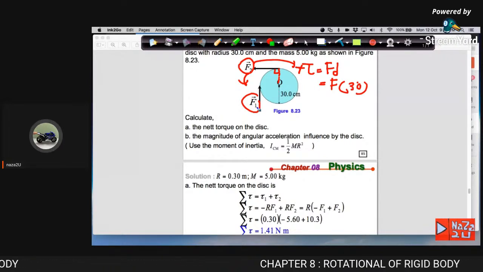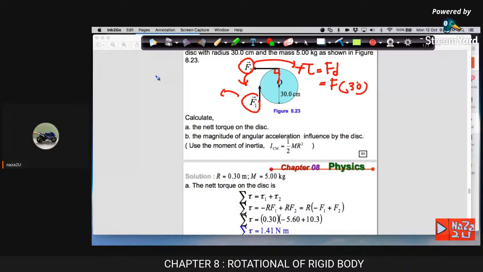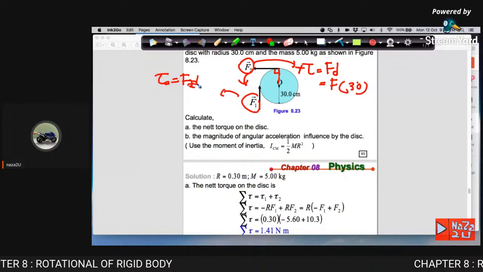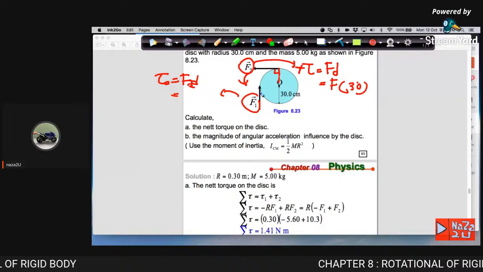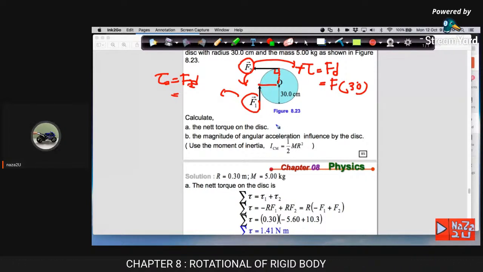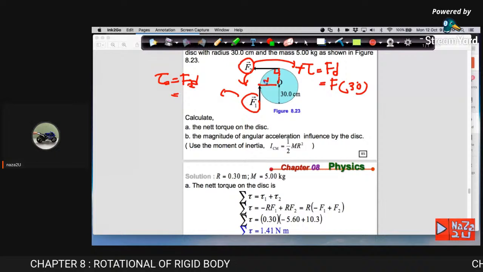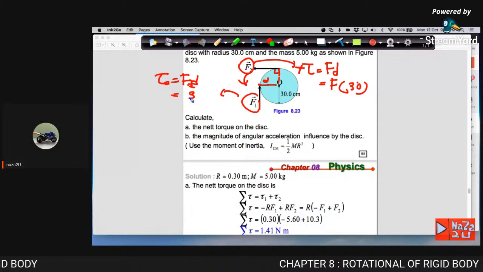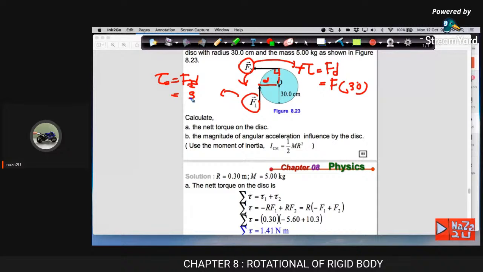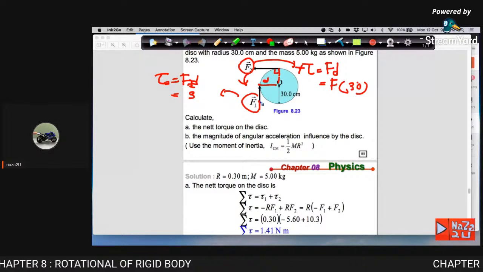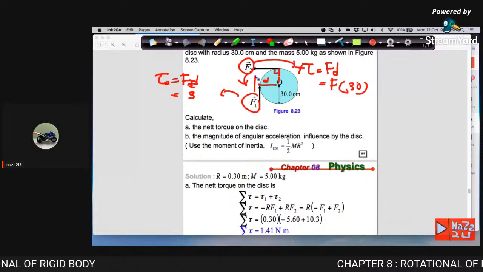Kalau the second force, let's say torque 2 is equal to F2D. Okay, so distance dia mana? Sama juga kan, distance dia dengan pivot point ni. So this is D, sama juga, 30. Right? So cuma kat sini, kalau kita tengok, yang ni dia akan pusing clockwise.